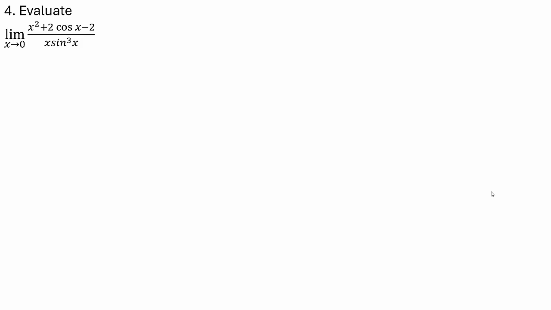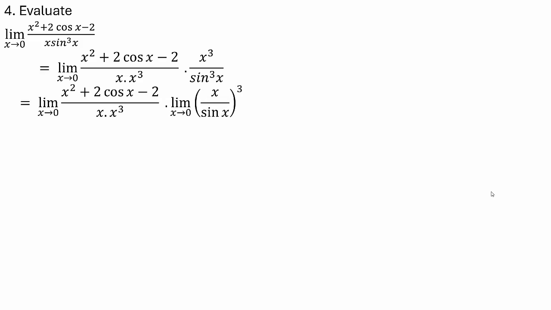But before that, if we simplify this term, it will be easy for us. Limit x tends to 0 of (x² + 2cos x − 2) divided by x sin³x can be expressed as limit x tends to 0 of (x² + 2cos x − 2) divided by x into x³, multiplied by x³ by sin³x, which can be expressed as limit x tends to 0 of (x² + 2cos x − 2) divided by x⁴ into limit x tends to 0 of (x by sin x) cube.